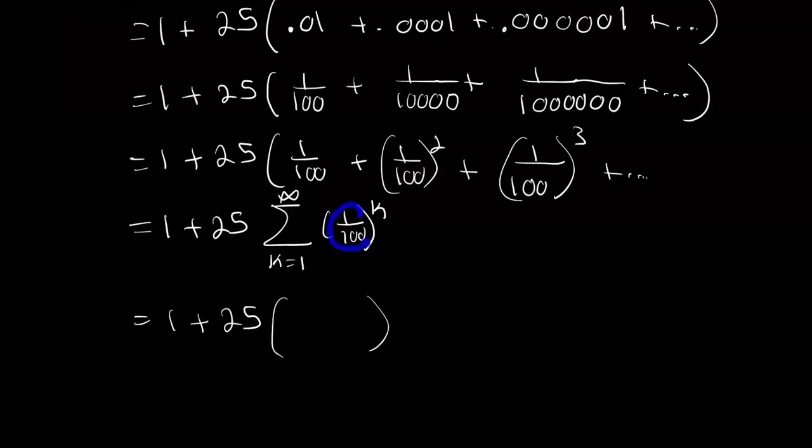In that geometric series, my R is 1 over 100, which is less than 1, so it converges. So this should be an A on 1 minus R, where my R is 1 over 100, so 1 minus 1 over 100, and A is the first term in the series, which in this case, the first term of that pattern was 1 over 100.